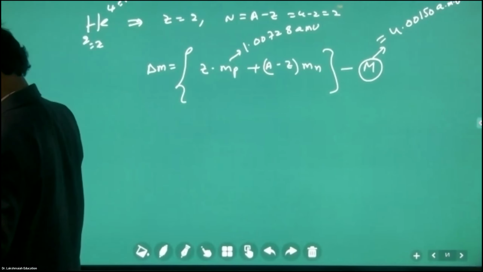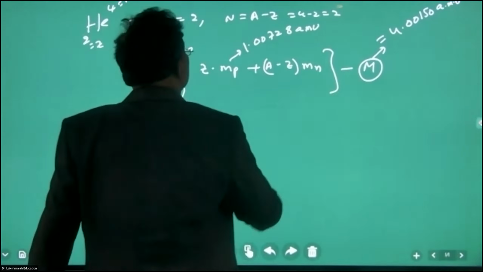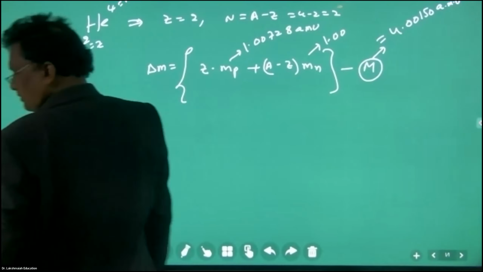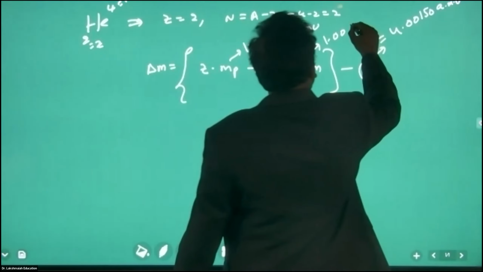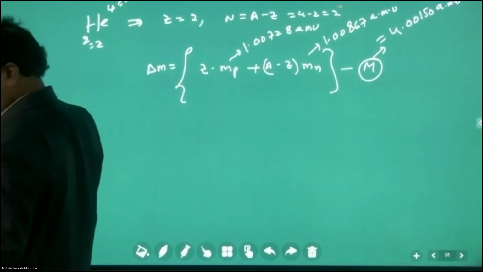And what is the effective mass of neutron? 1.00867 AMU.